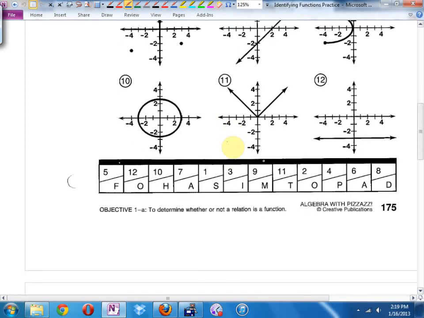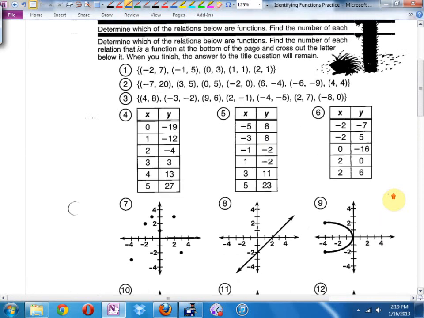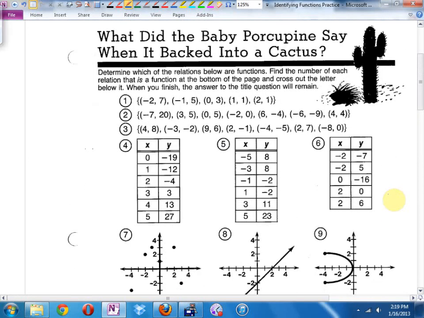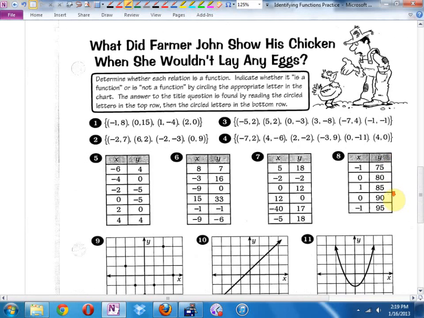So I find the number 8. I'm going to cross out that letter. And apparently, when you're done, you'll find what the baby porcupine said when it backed into a cactus, which you're dying to know. Turn the page, look at the back.